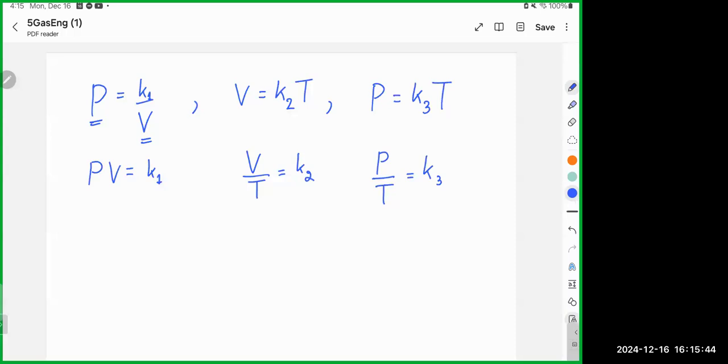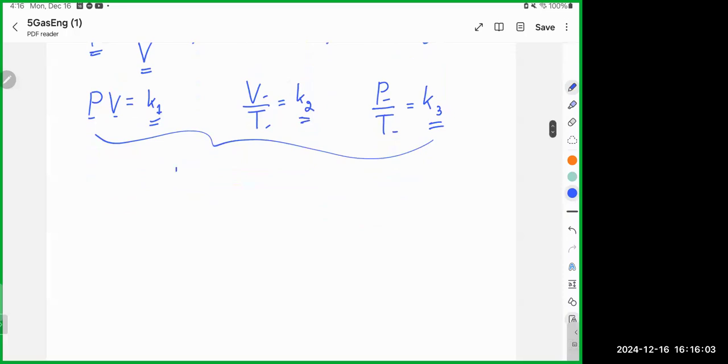Because the right hand side of each equation is already constant, we can put the relations of each quantity together and combine them, equal to K4.